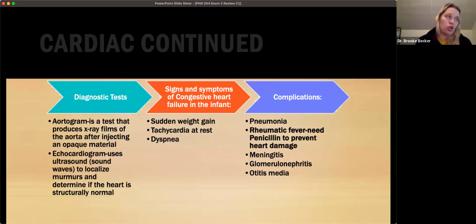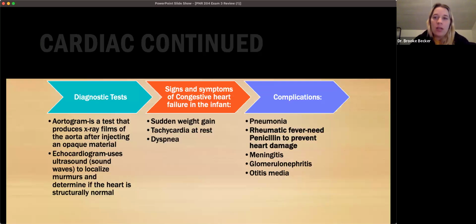They use sound waves to look at the anatomy of the heart and check if there's stenosis or what that murmur is potentially causing on the anatomy of the heart. You get concerned about congestive heart failure in kids with cardiac defects, especially if they have a sudden weight gain, or they're just sitting there and they're having runs of tachycardia, or they're really short of breath. Okay.